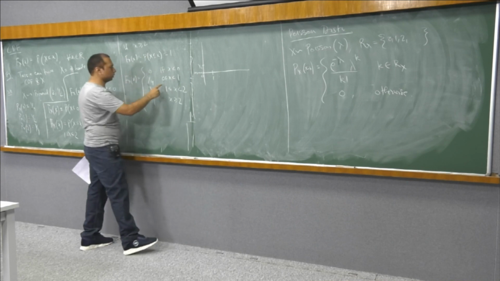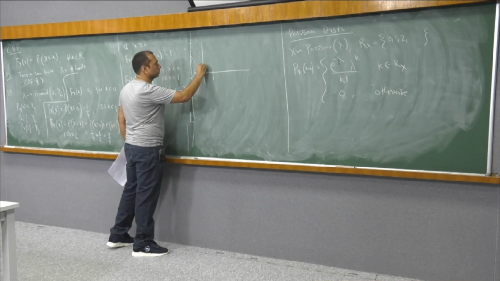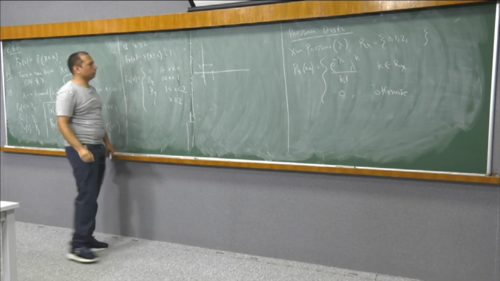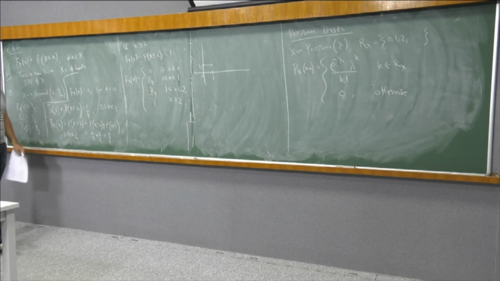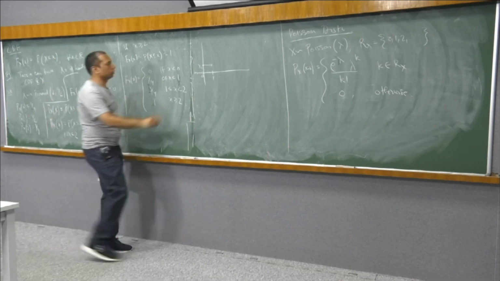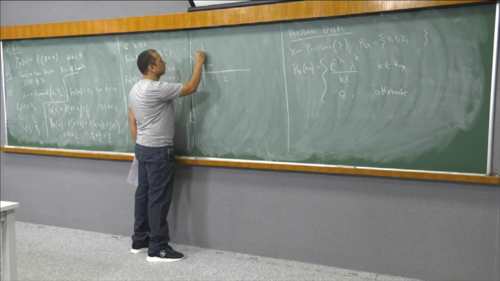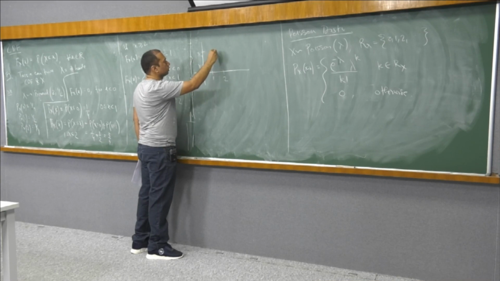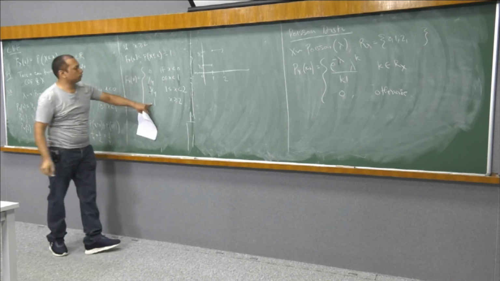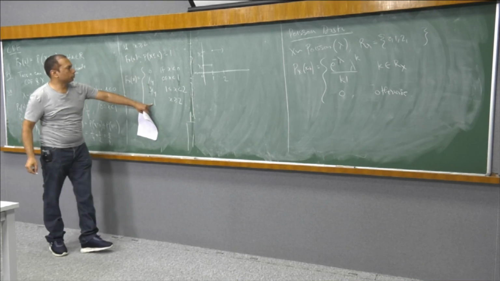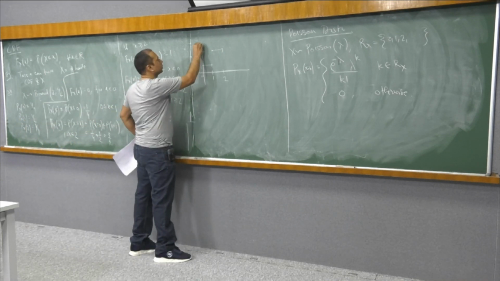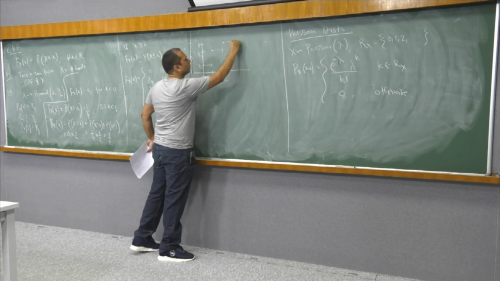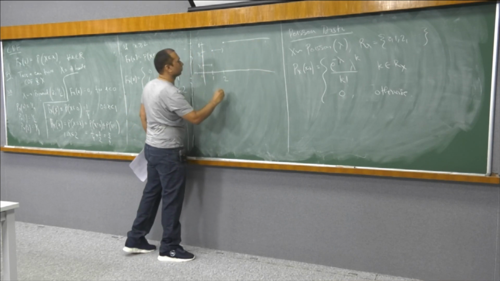From 0 to 1 it remains 1 over 4, taking the 0 value, and it's open at 1. Then from 1 to 2 it becomes 3 by 4, taking this value and going until here. Then for x greater than or equal to 2, it becomes 1. After that, until infinity, it remains 1.